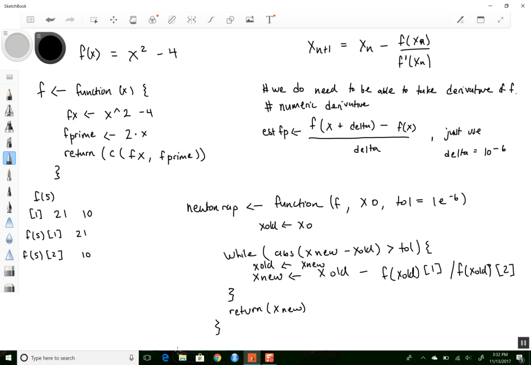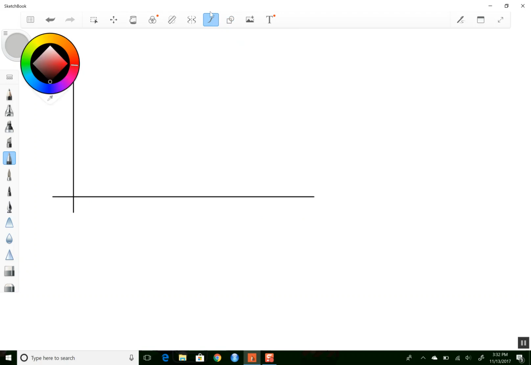So that was Newton-Raphson. Newton-Raphson uses tangent lines and requires us to have a derivative, or at least be able to approximate the derivative. We've got something called the secant method. Similar but different.